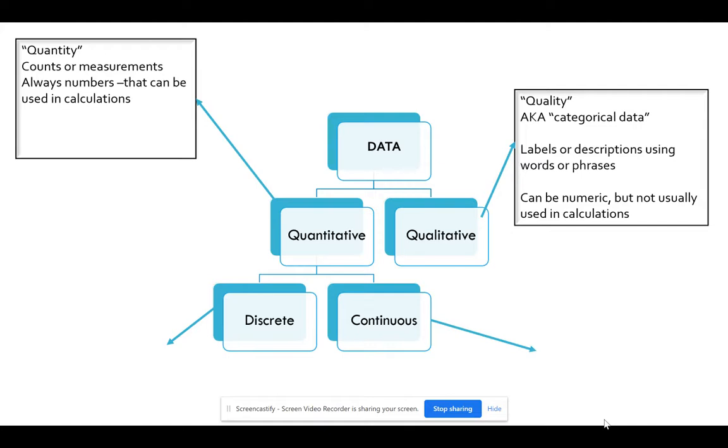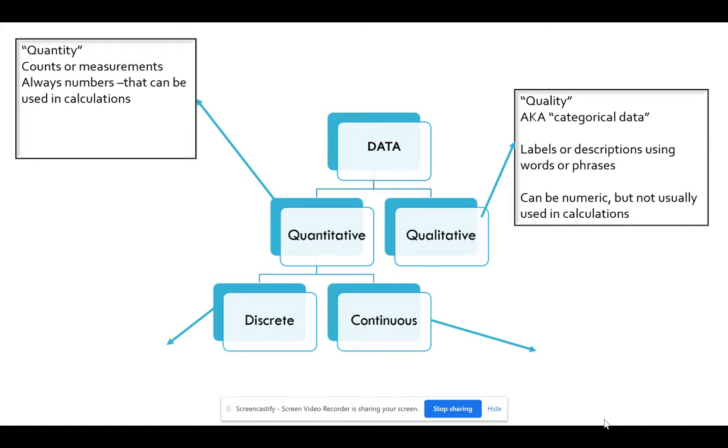The other classification by type is quantity, or quantitative. Quantitative is the adjective form of quantity, which hopefully makes you think of numbers. Quantitative data is always going to be numbers, typically associated with counts or measurements, and those numbers can be used in calculations.